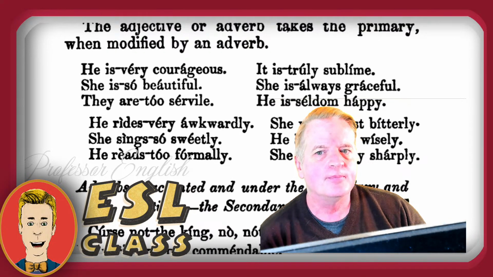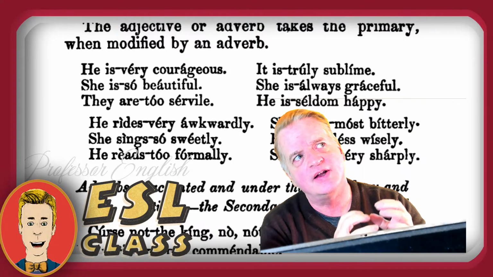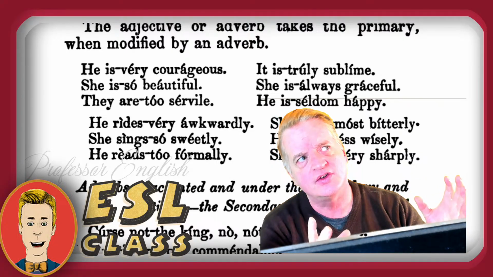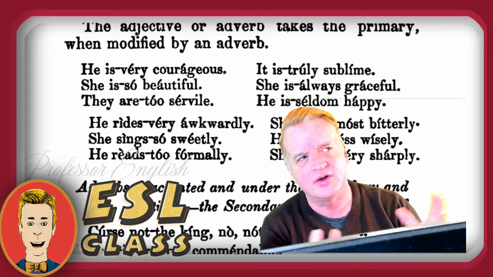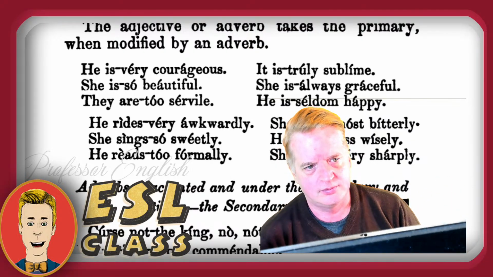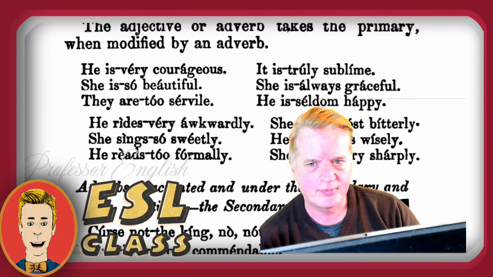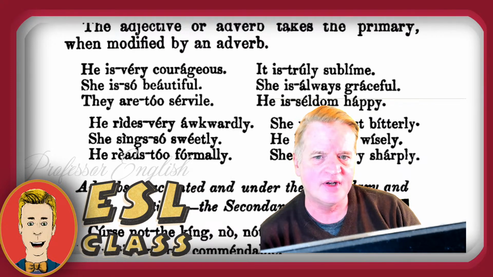Okay, but because the word so is making the word beautiful more intense, you put all of the attention on the word so. She's so beautiful. Does that make sense? Why you would do that? Yes. Okay.